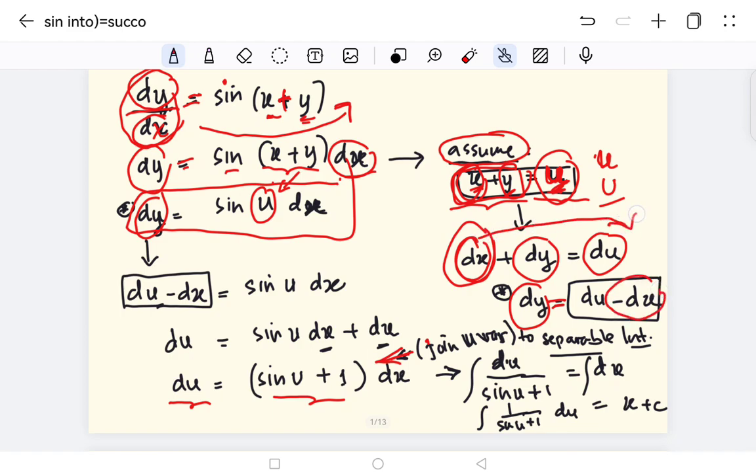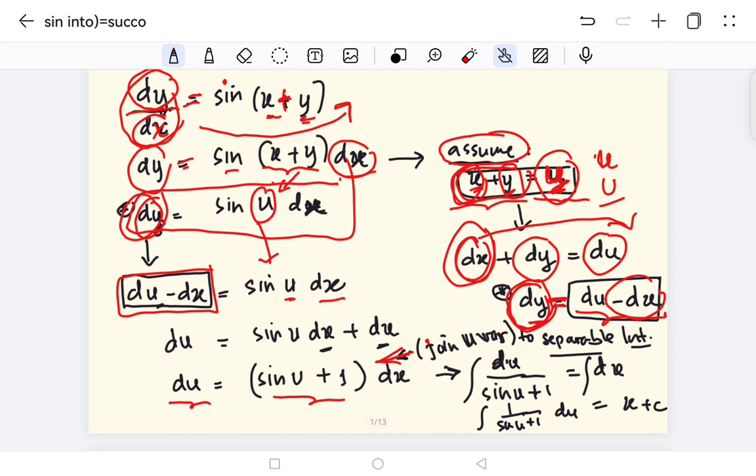So now I have dy equals, and I replace dy with this, and then sine of u dx.